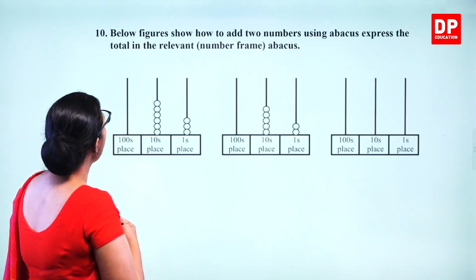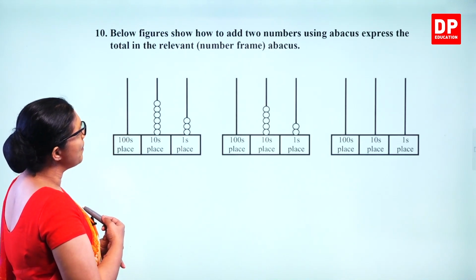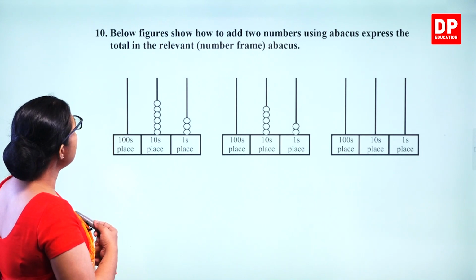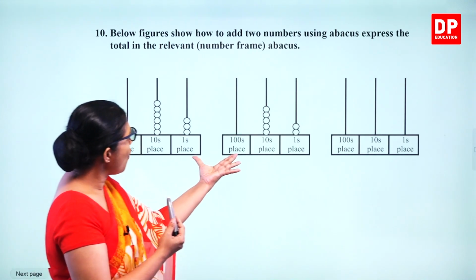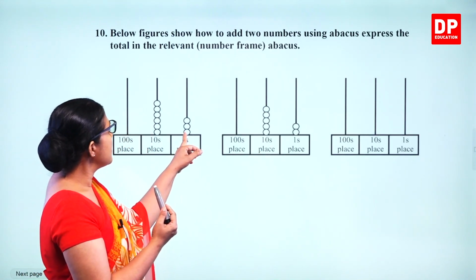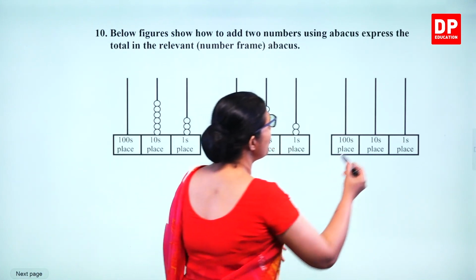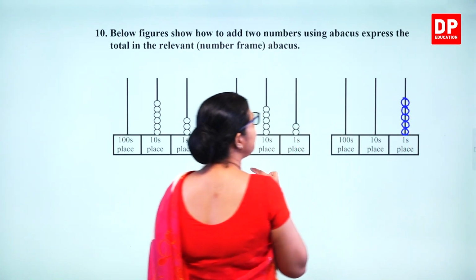Question number 10. Below figures show how to add the 2 numbers using an abacus. Express the total in the relevant number frame abacus. So addition of these 2 becomes this one. So we'll take the ones place. This is 3 and 2. You get 5. 1, 2, 3, 4, 5.